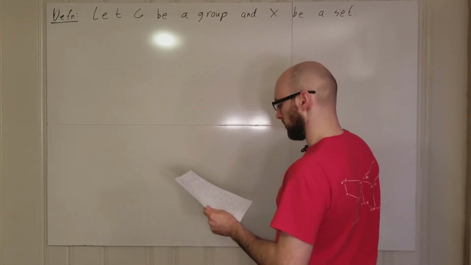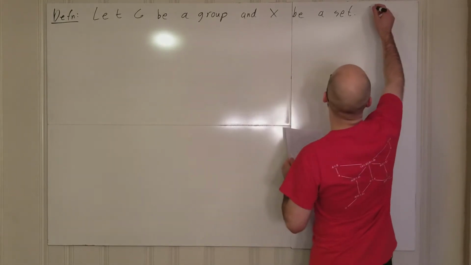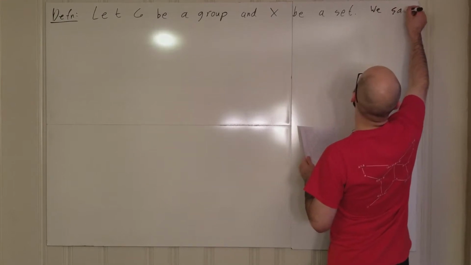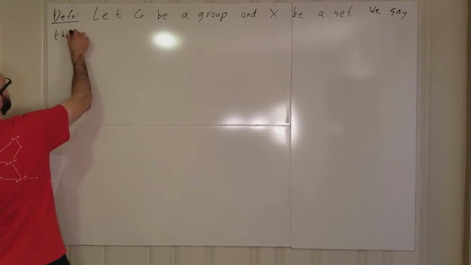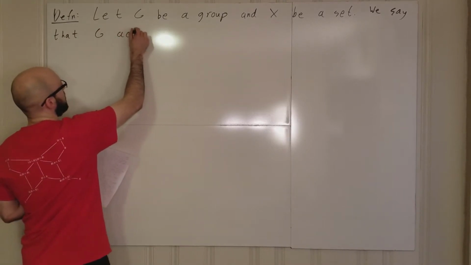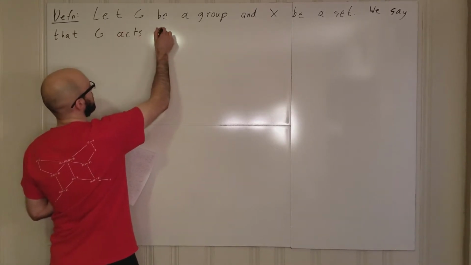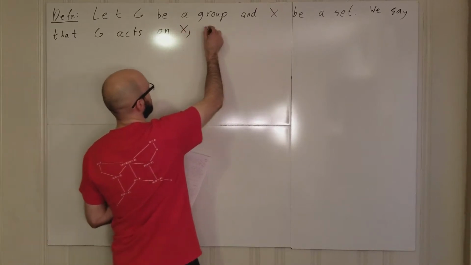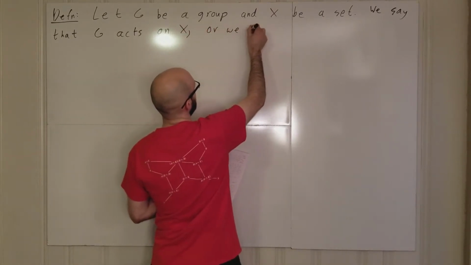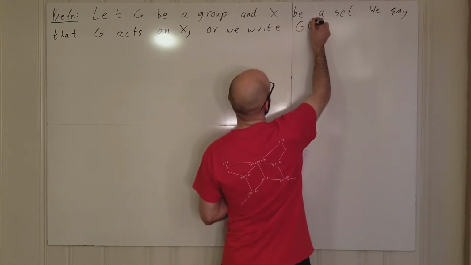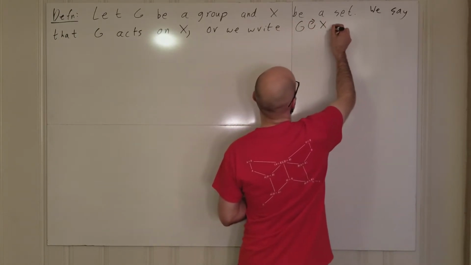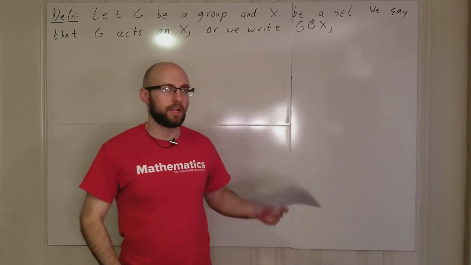So we are going to say that G acts on X, or we write G then an arrow thingy X. I don't know if this is standard notation.